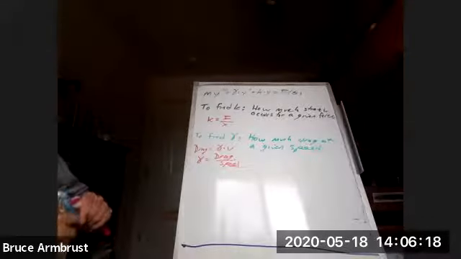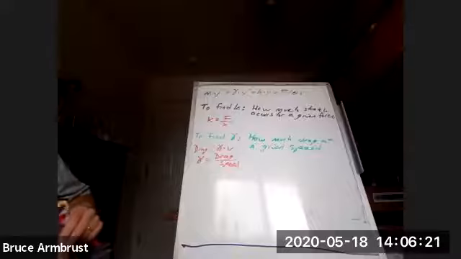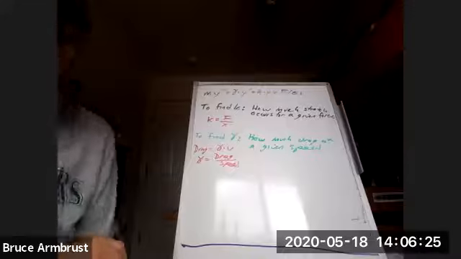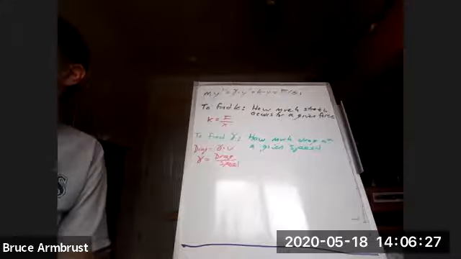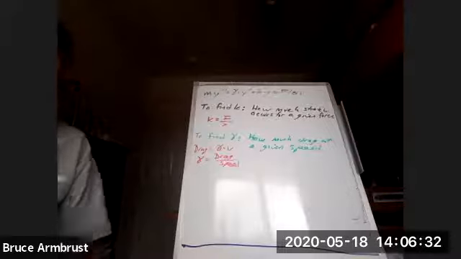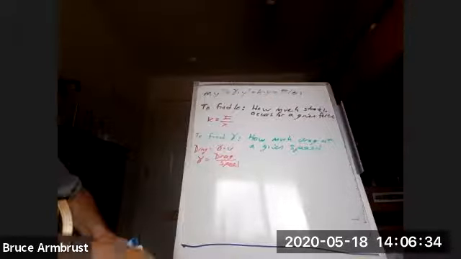So in the situation where they don't tell you gamma explicitly, where they don't say gamma equals whatever, if they tell you a drag force for a given velocity, then that will be enough.